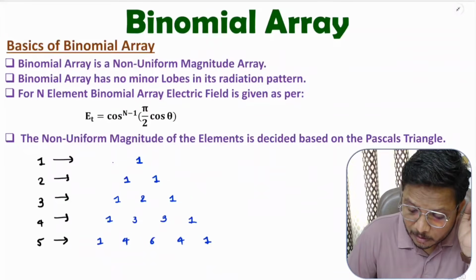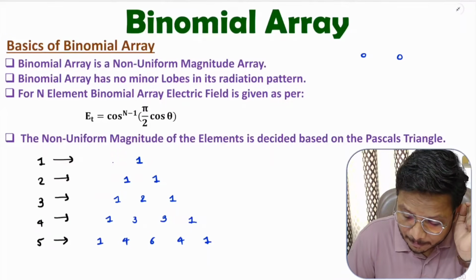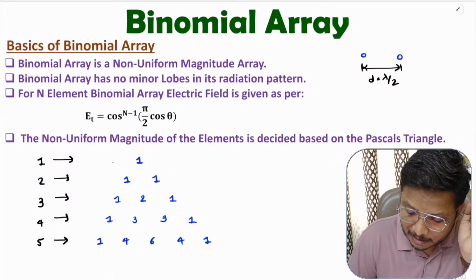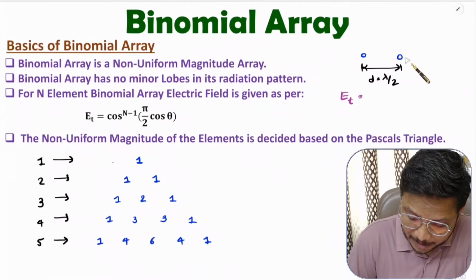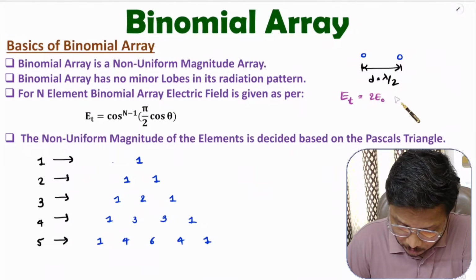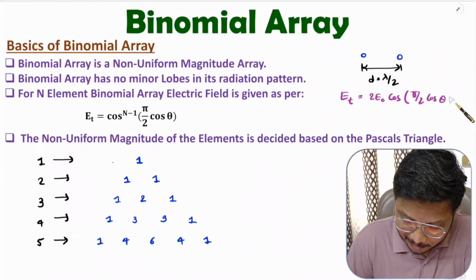If you have two elements separated by distance d equal to lambda by 2, then one should know the electric field because of the two elements, that is 2E naught cos of pi by 2 cos theta, right?